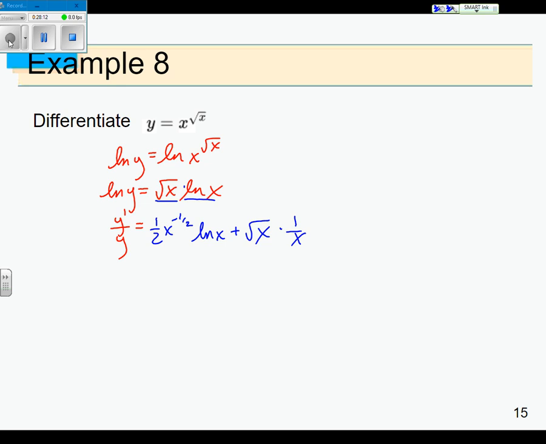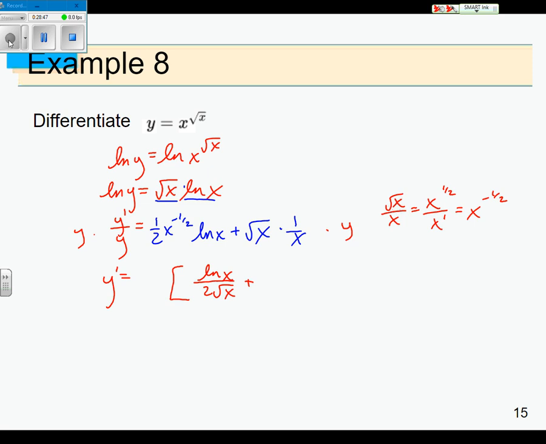Alright, so what's that going to give me? When I multiply both sides by y, I'm going to clean up all of this in here. So that's going to be natural log of x over 2 square roots of x, plus square root of x over x, which would be x to the 1/2 over x to the first.